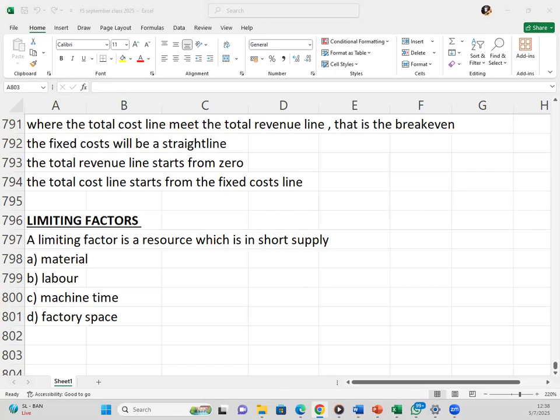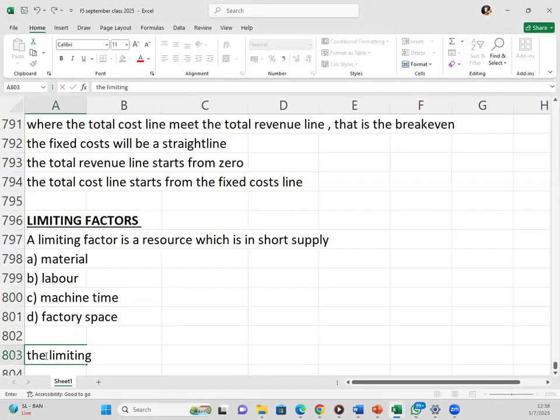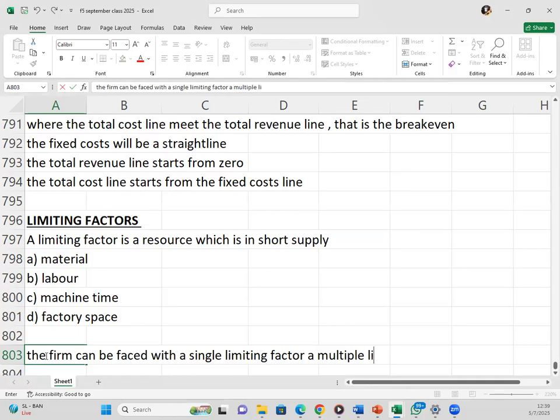So let's have that point down. The firm can be faced with a single limiting factor or a multiple limiting factor.